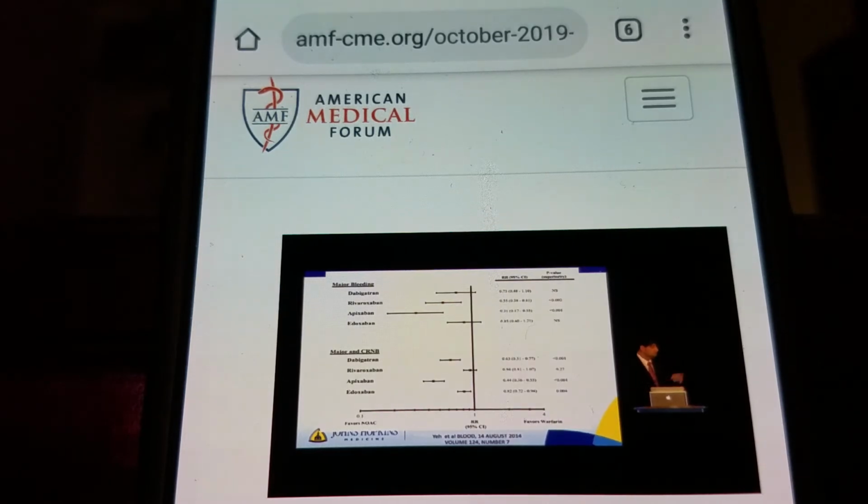Bleeding risk, again, all of these on the left are DOACs, on the right is Warfarin. So some of them do a better job at prevention of bleeding on anticoagulation than others. Apixaban is thought to have generally the lowest bleeding risk compared to all the others.